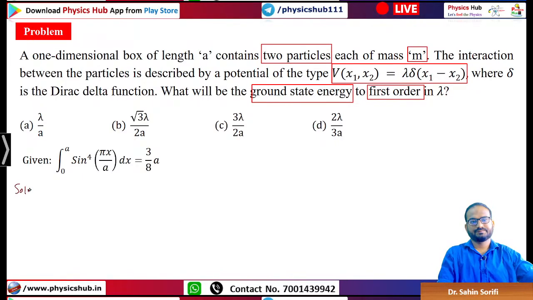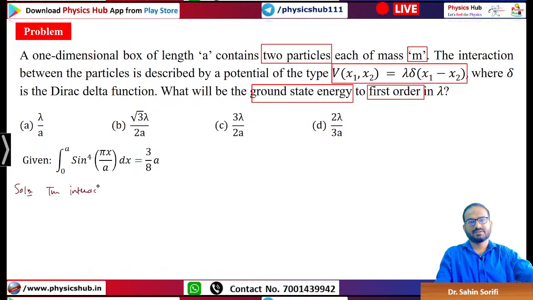Look, this integration is also provided: integral 0 to a of sin to the power 4 of pi x by a dx is equal to 3a by 8. So here the interaction between the particles is serving as the perturbation, right?